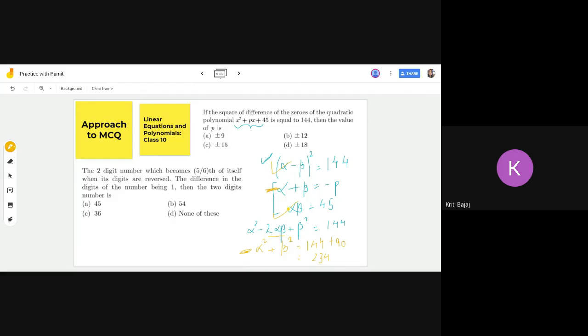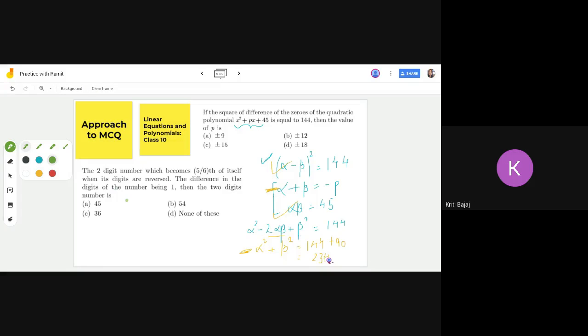How do you relate both of them? This is a linear polynomial and this is a quadratic polynomial. How do you combine both of them together? Is alpha square plus beta square just the square of alpha plus beta? I think there's something called square that we should bring into the picture. What is that? Okay, never mind.